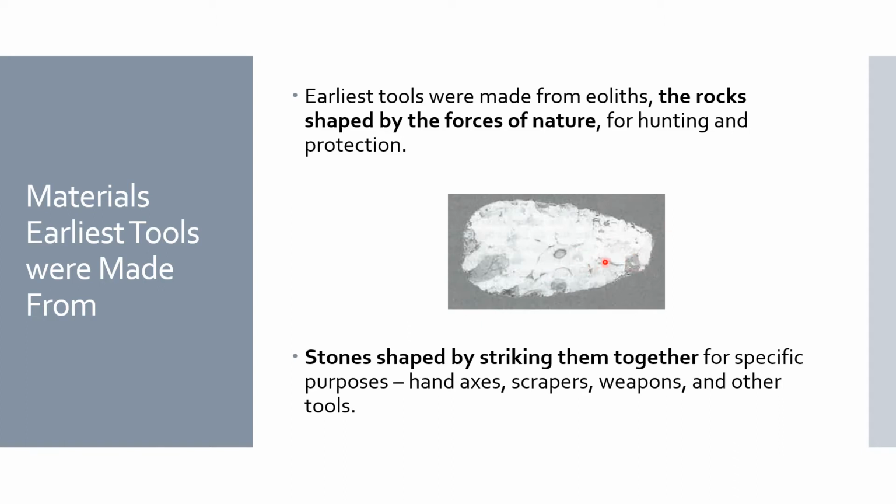At that time we didn't have knives or arrows or things like that, and we also didn't know how to make something. So we used whatever we found in nature, and this is one of them. Striking the stones together to make tools happened many years later, okay? So this one first and then this.